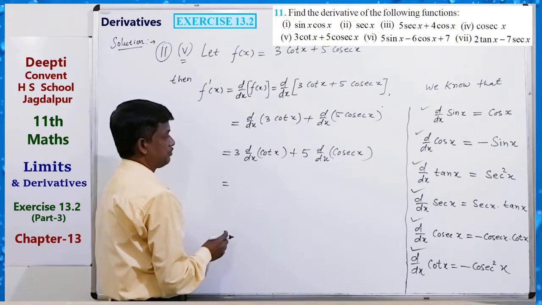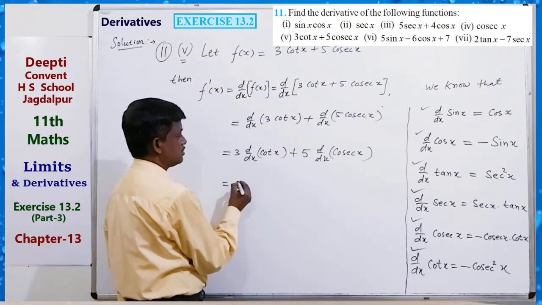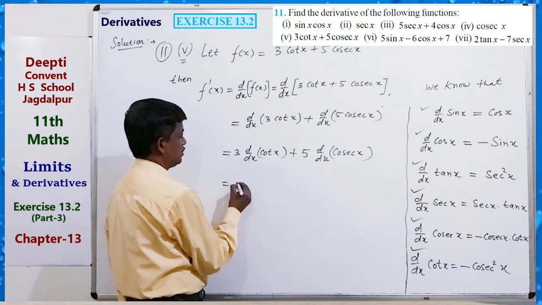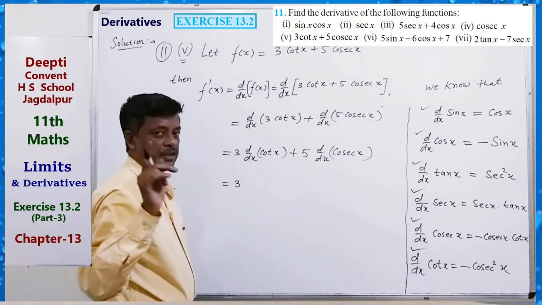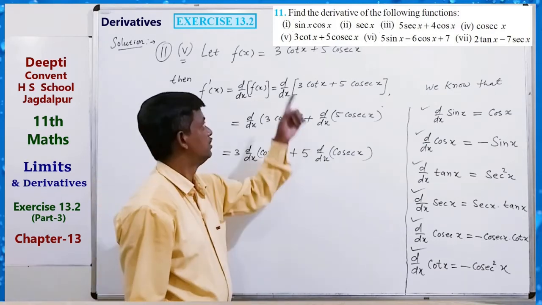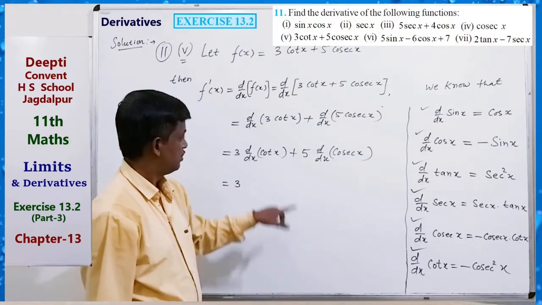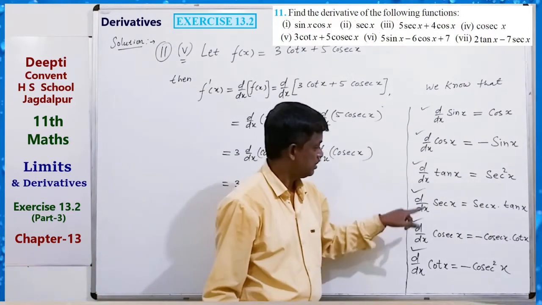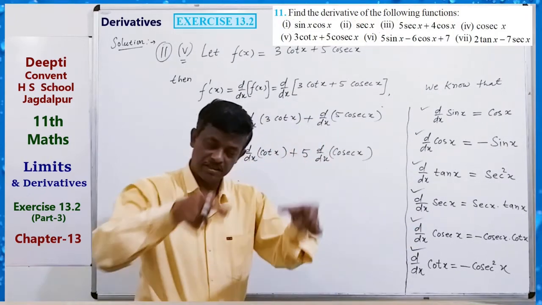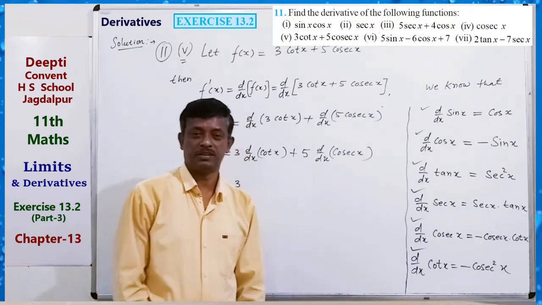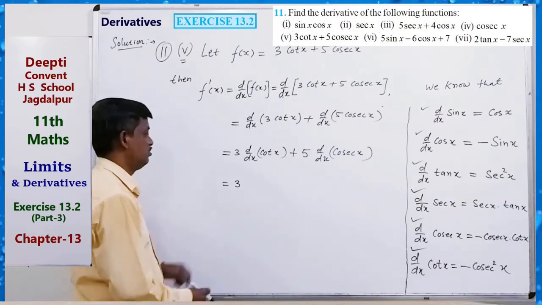If this is a long question, then you have to find derivative of cot and cosec by using first principle method separately, and then put value here.